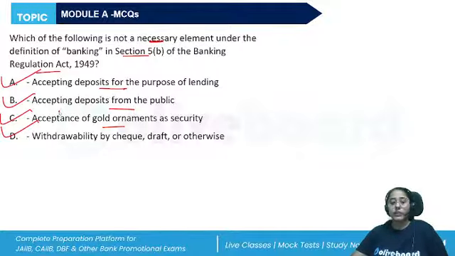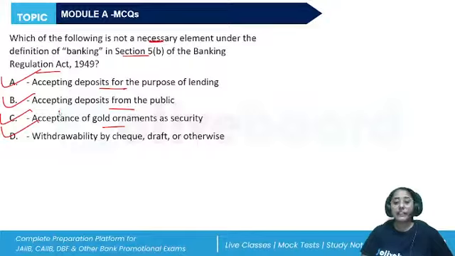Module A basically covers our Banking Regulation Act and the Reserve Bank of India Act. Foremost, section 5B defines banking, the business of banking. According to the definition, which of the following is not necessarily included as essential functions of a bank?